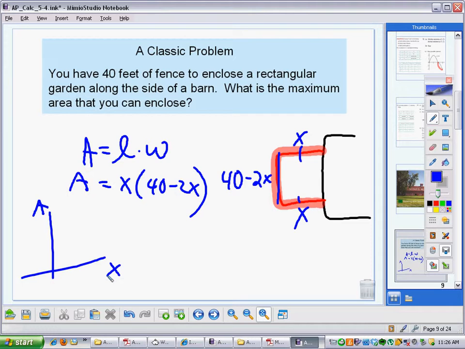The maximum. How do you find maximums? Take the derivative, set it equal to 0. That's it. I'm going to give you a few minutes. Take the derivative of this, set it equal to 0. I would FOIL, I would distribute, and you can. You can leave it and do product rule if you want. But go for it. Derivative, set it equal to 0, and find the maximum x value.